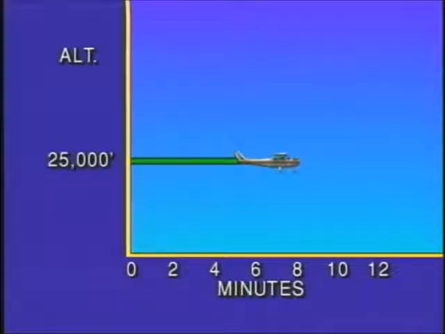Within this period, called the time of useful consciousness, the first symptoms of hypoxia begin to occur and may be severe enough to affect rational decision-making. Beyond 5 minutes at this altitude, decision-making is severely limited. Although you may remain conscious, you may be mentally and physically incapacitated. You will lose consciousness after about 9.5 minutes.